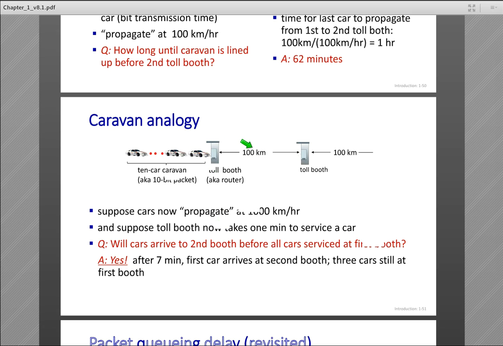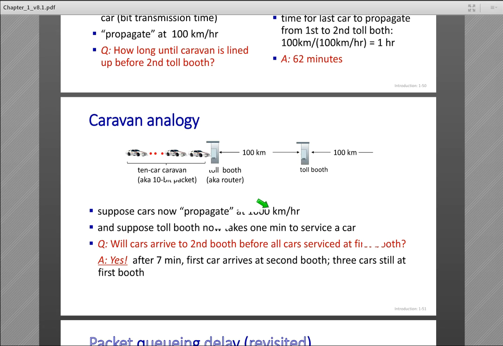And here, the length of this highway is 100 kilometers, and the speed of cars is 1000 kilometers per hour. So each car needs only 1/10 of hour, or 6 minutes.